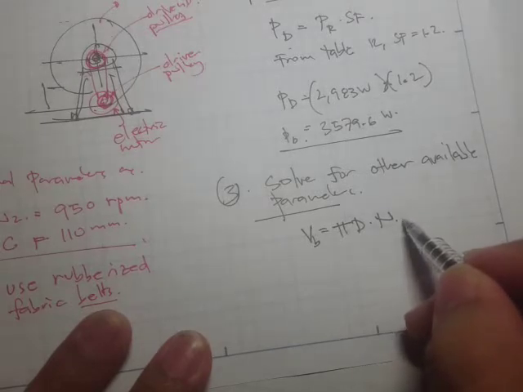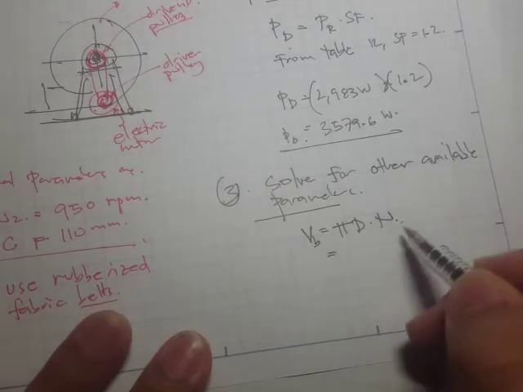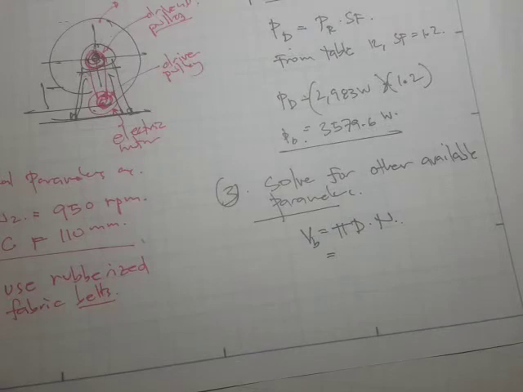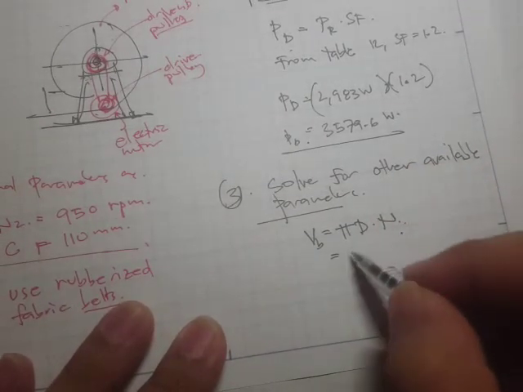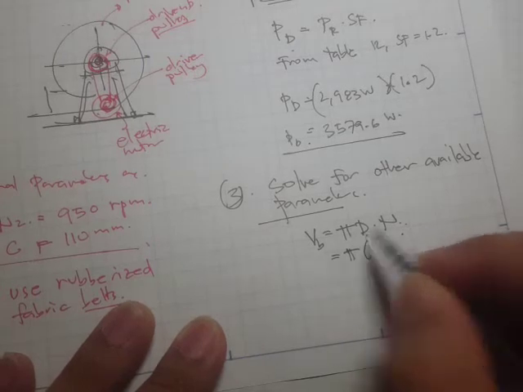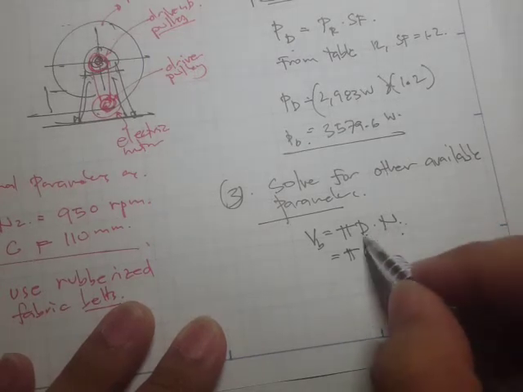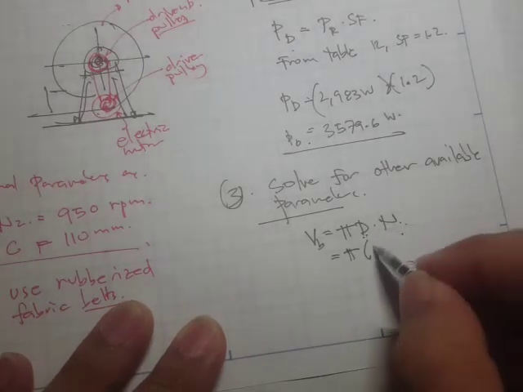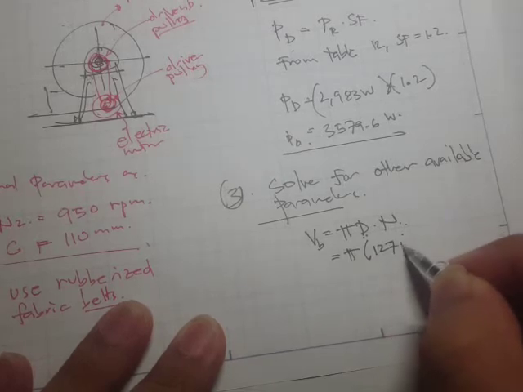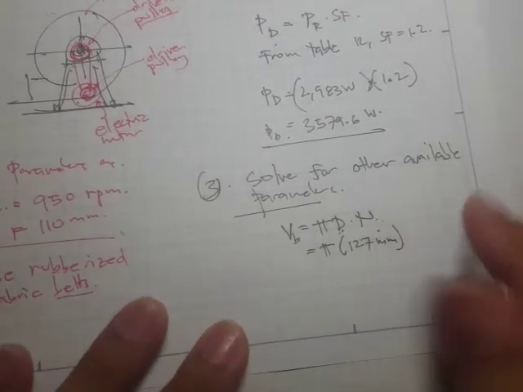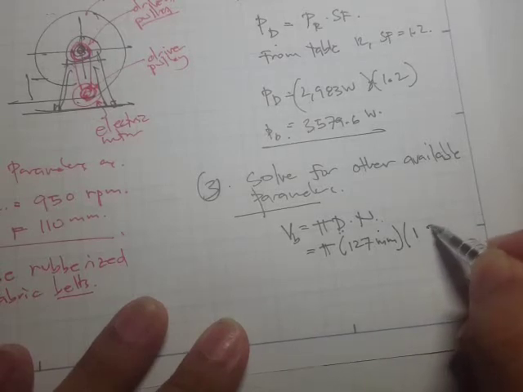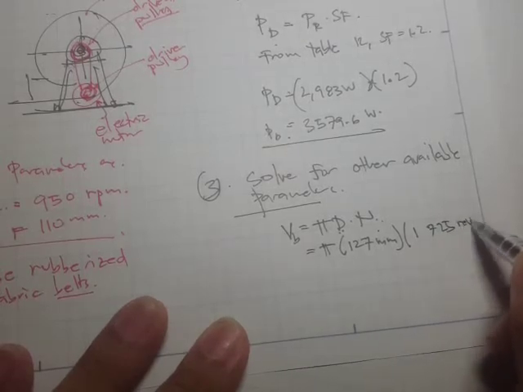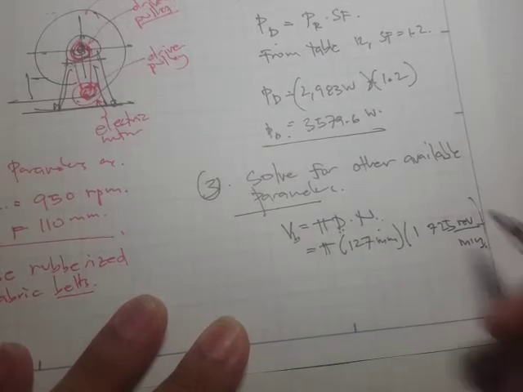N, and of course we need the N of the faster pulley, which is pi times the diameter of the faster pulley, that's 127 mm, and this N right here is 1,725 revolutions per minute.